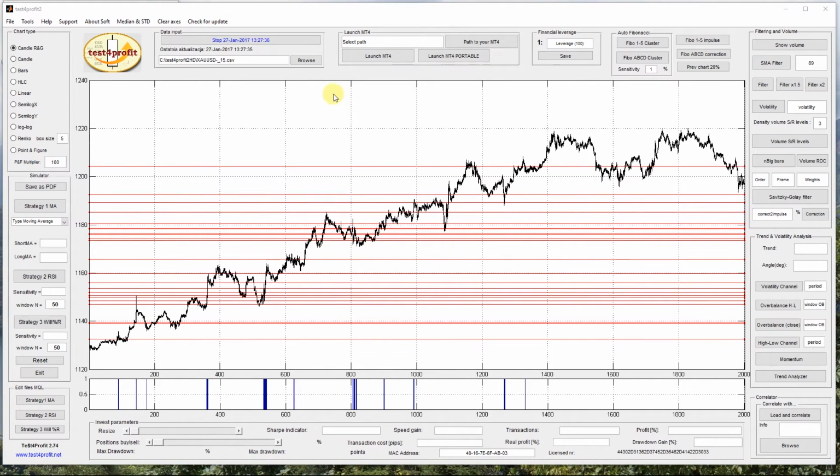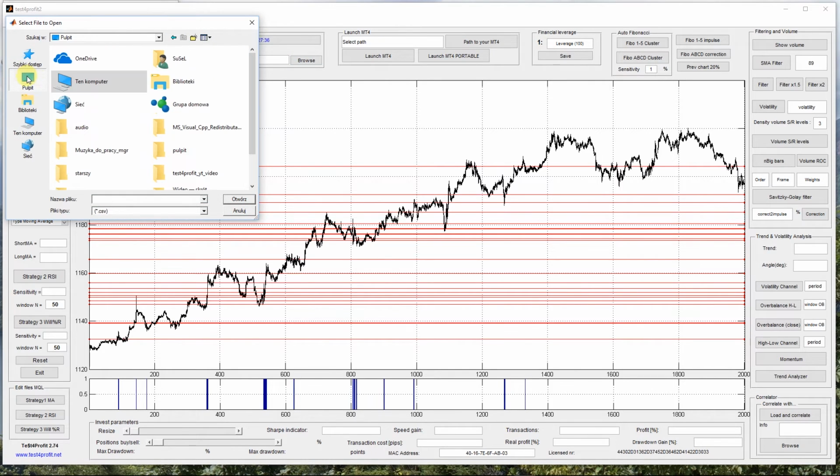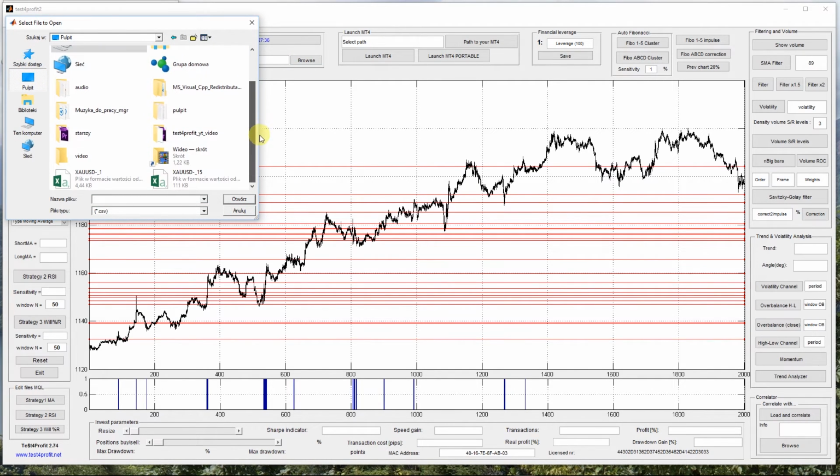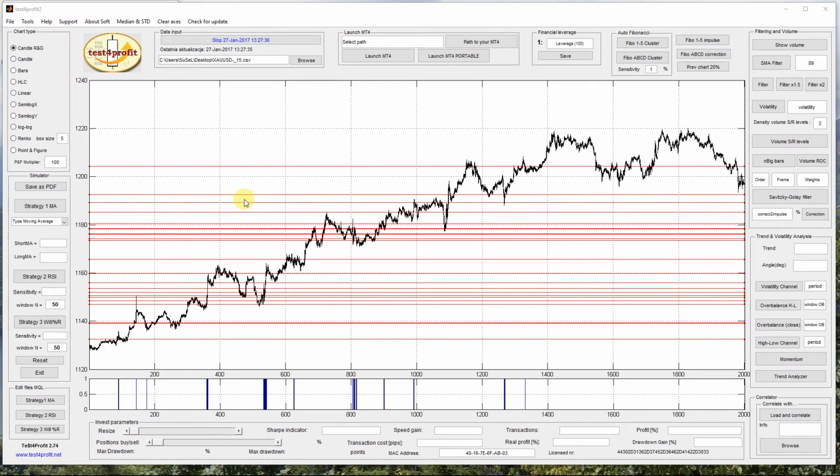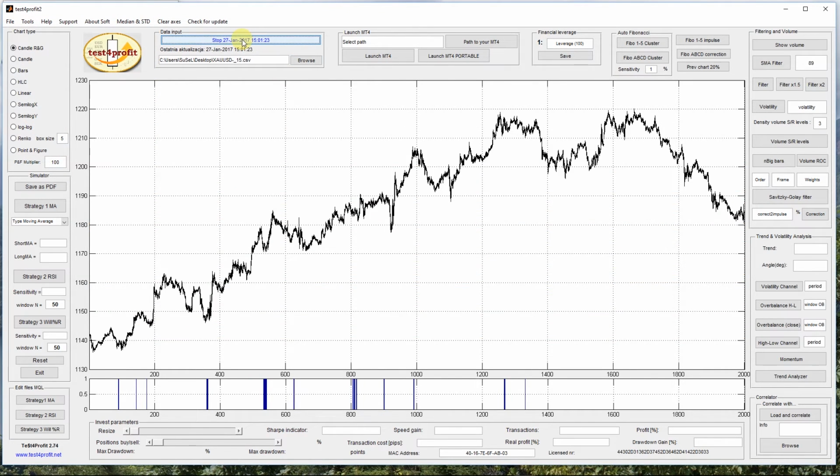Let's find out if we are right. Let's update that chart, and see what is the next day after. Our volume support and resistance levels.